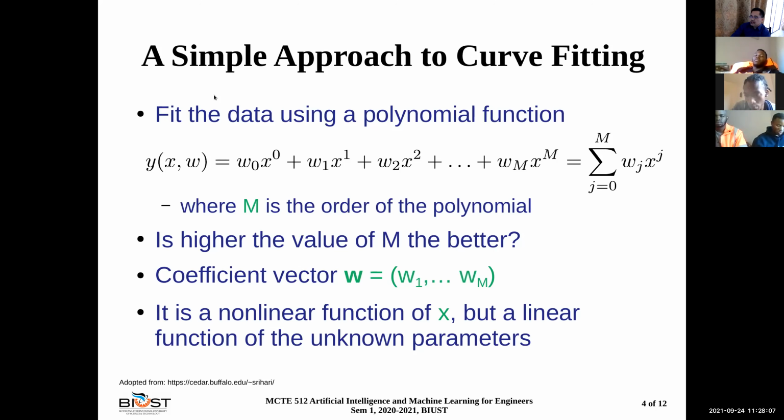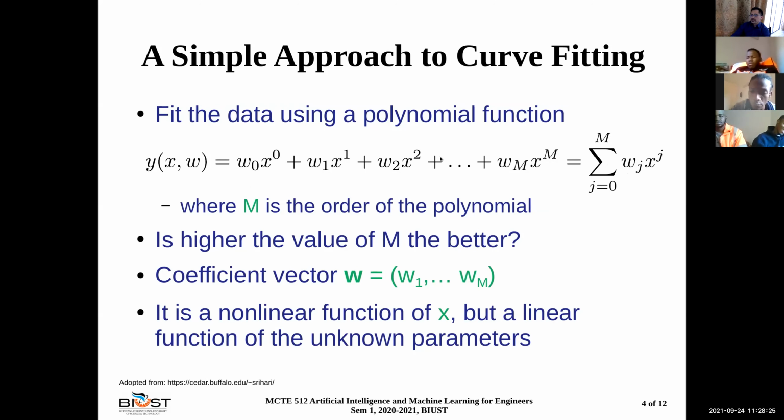So in this case, there is a polynomial function, and we use the data to fit into the polynomial function, or we find a polynomial function that best fits the data. Okay, or what degree or what kind of polynomial should we be using.